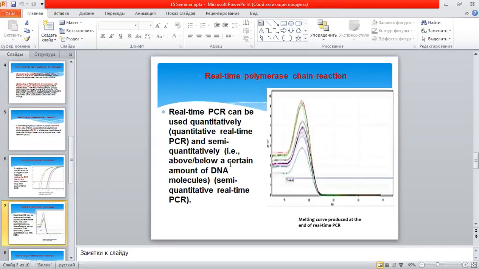Real-time PCR can be used quantitatively, as quantitative real-time PCR, and semi-quantitatively, above or below a certain amount of DNA molecules, as semi-quantitative real-time PCR. And at the end of real-time PCR, there is a melting curve of the products at the end of the reaction.